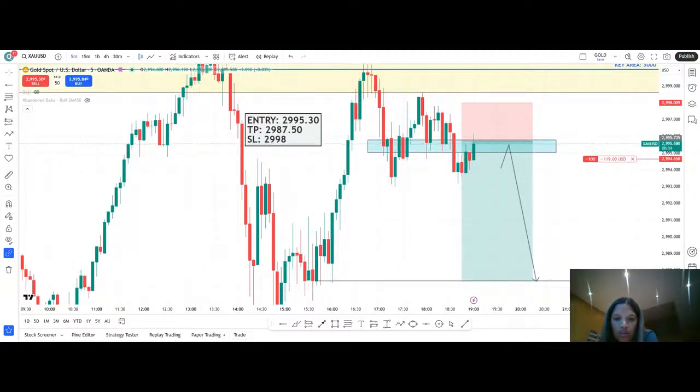However, I identified the supply zone right at the break, and based on that, we took a sell. You will also notice I think price could drop and retest at 2987, could even go lower, but that is where I'm targeting take profits.